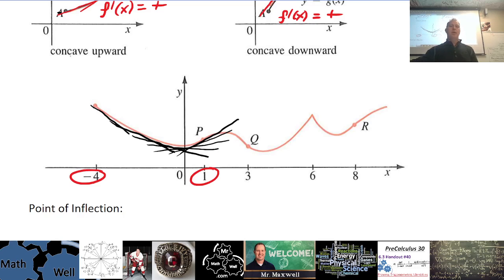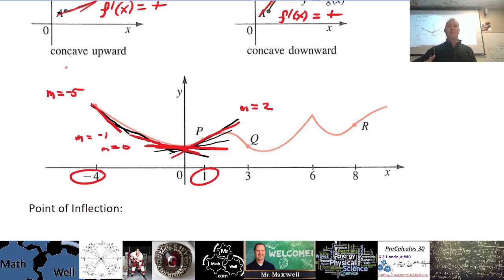Decreasing, okay? Well, the slope of this one might be a negative something, maybe a -5. The slope of this one is still going to be negative, but it's not going to be as negative, right? It's a little flatter, so this might be -1. This one down here is slope of 0, and this one might be slope of 2, let's say. So they're not decreasing. They're actually increasing.